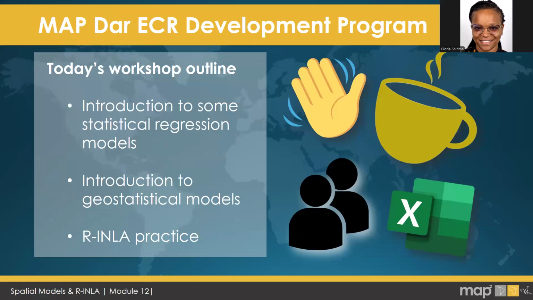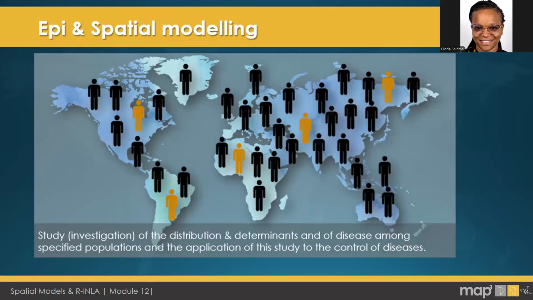Okay, so as we're proceeding from where we stopped, we're going to cover these three things when it comes to statistical regression, and then we're going to do geostatistical models, then our INLA.